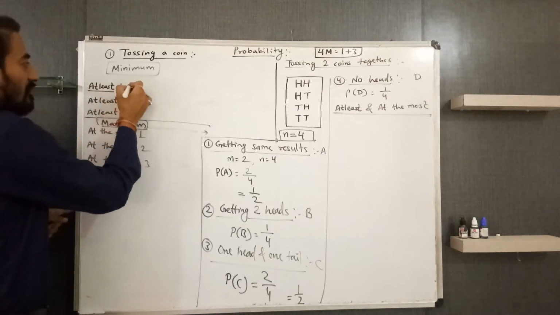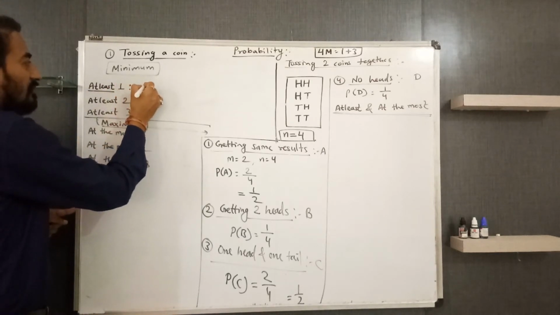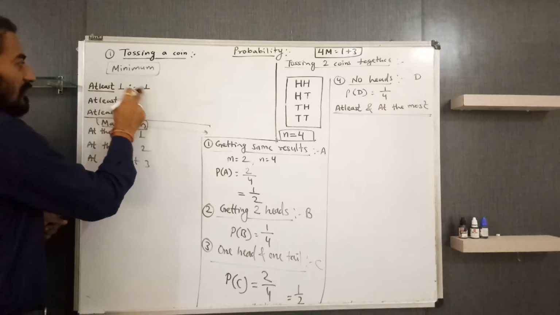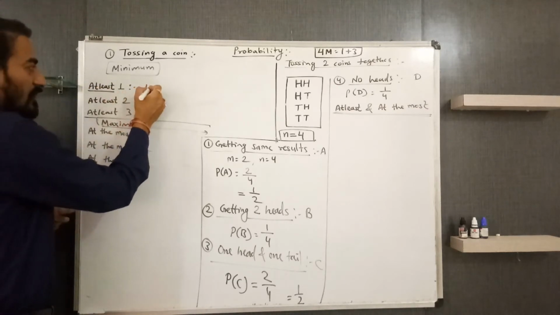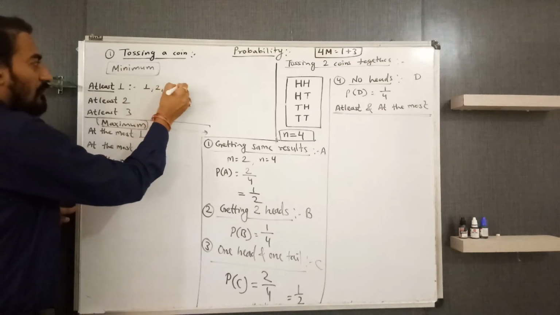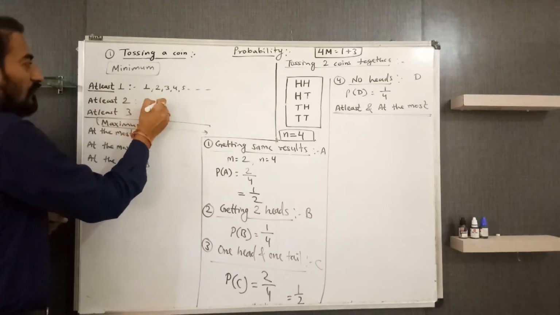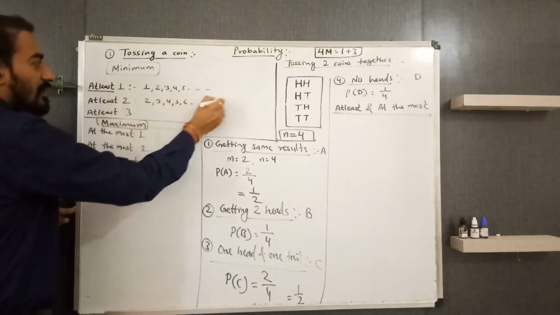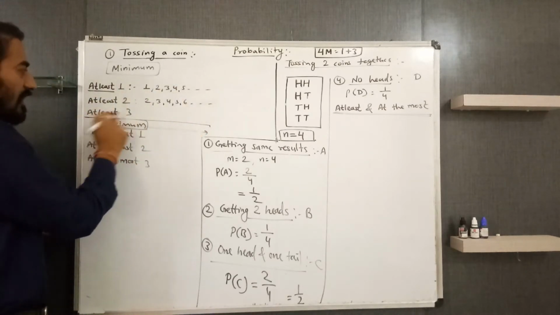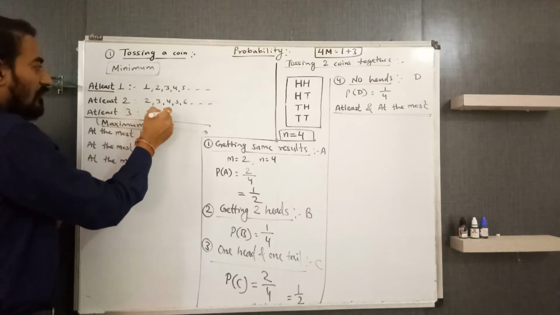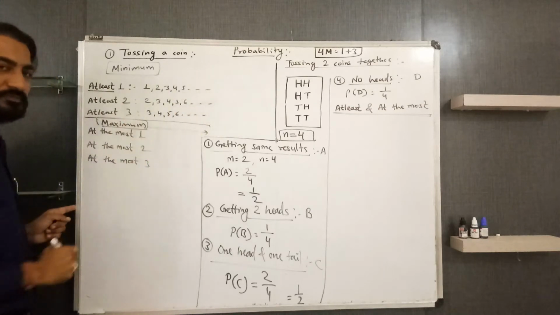So in this case, which values can be taken? So 1 can be taken, less than 1 should not be. So 1, 2, 3, 4, 5 and so on you can. At least 2 means 2, 3, 4, 5, 6 and so on. These values can be taken. At least 3 means 3, 4, 5, 6 and so on.